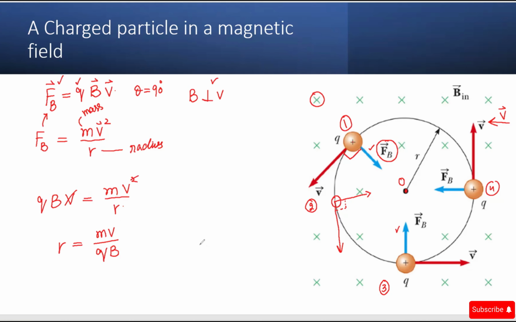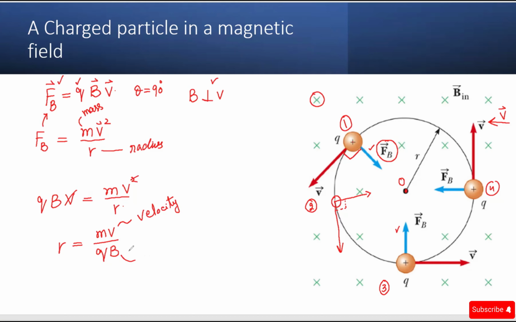Very good. So it means if, for example, we have the actual value of the velocity of the charged particle, and this magnetic flux density that we applied, so we would know also its value.